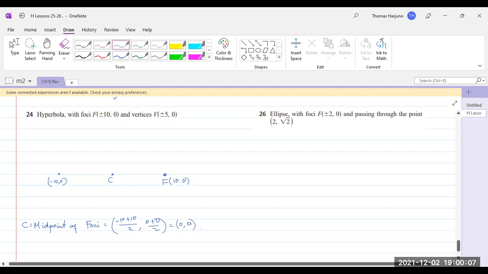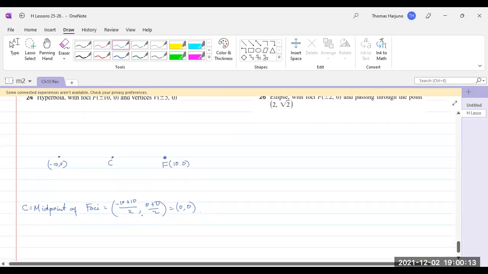Because the foci are on the x-axis, we are sure, because the foci and center are collinear and parallel to the x-axis.